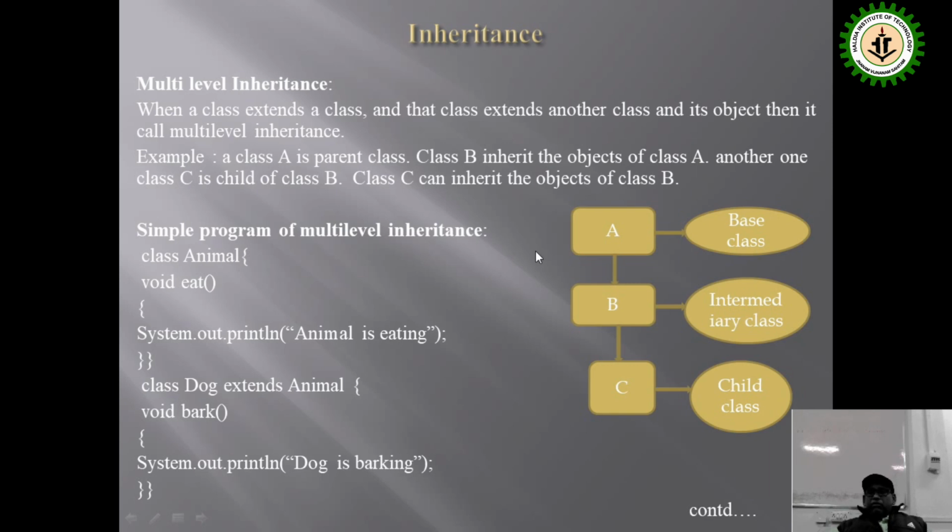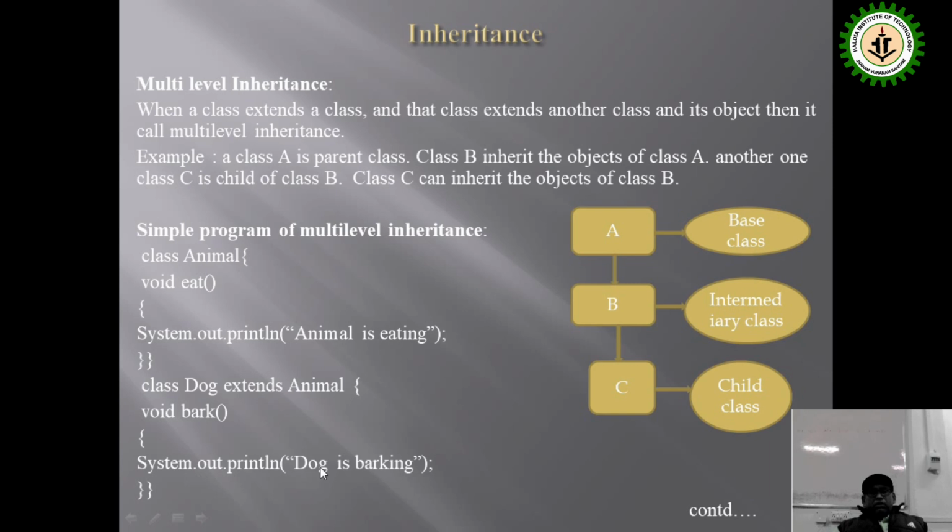Class animal is the parent class and it has a method eat. Then class dog. Dog is the intermediary class, that means grandfather, parent and child. Dog extends animal. Class dog has a method void bark.